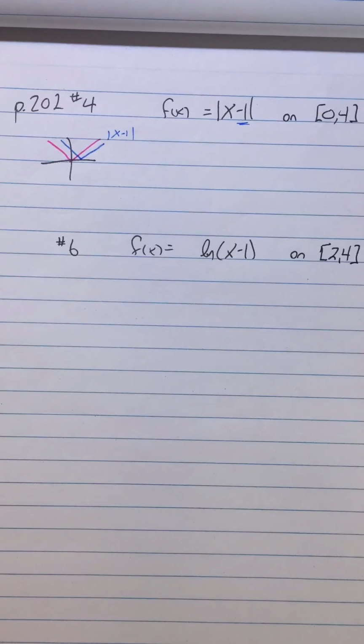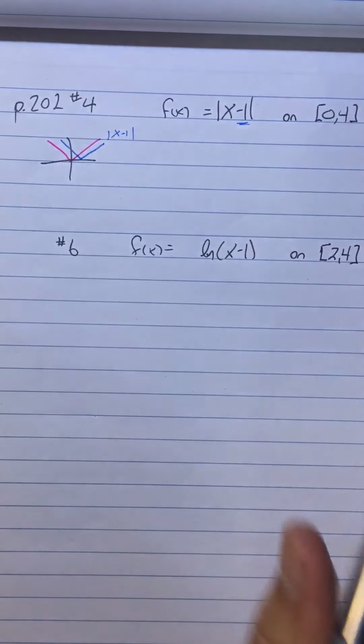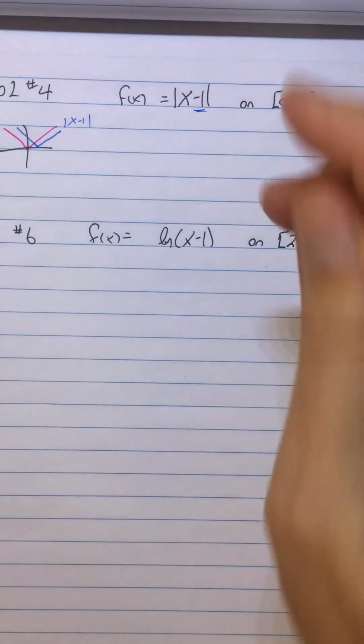Now you're going to look at this and you can say, oh, there's a non-differentiable point in the interior of 0, 4. So you're not just going to state whether the function satisfies the hypotheses, like the book says. You're going to state why it does or does not meet the hypotheses.